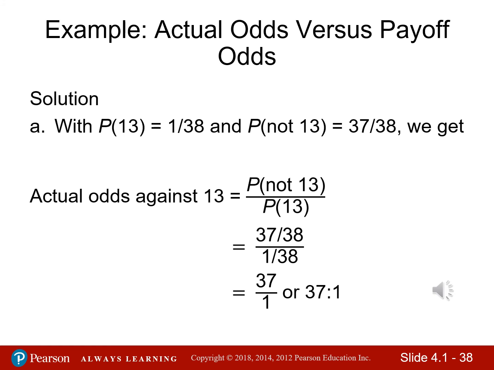From this, we can calculate the actual odds against 13 as the probability of not 13 divided by the probability of 13. This is equal to 37 over 38 divided by 1 over 38. This can be reduced to 37 over 1, and we would write this as 37 to 1. So the odds against hitting a 13 is 37 to 1.